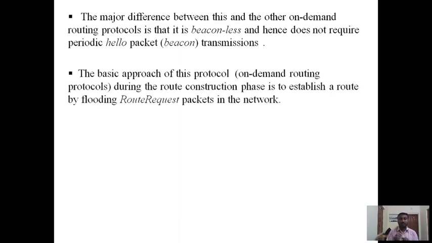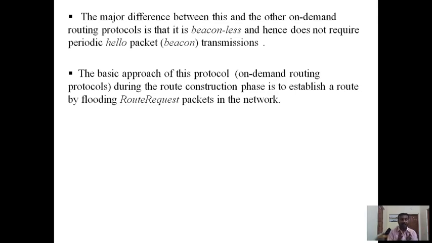The next point is that the basic approach of this protocol during the route construction phase is to establish a route by flooding route request packets in the network. The basic approach we follow in on-demand routing protocol is distributing the route request packets in a flooding manner. Flooding means, for example, if a source wants to transfer data to a destination, the source distributes some packets.